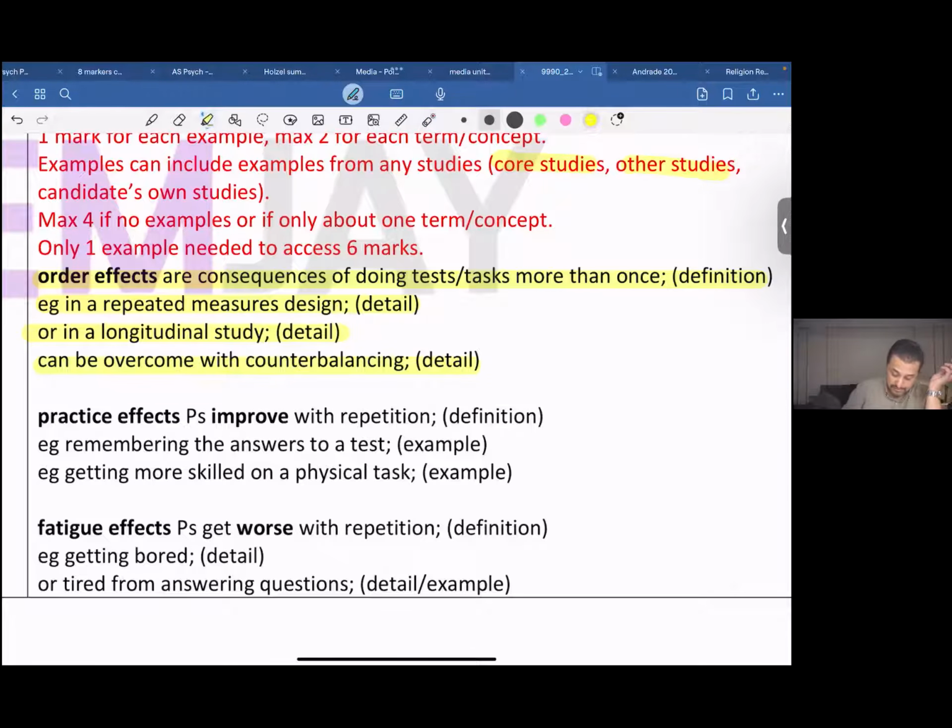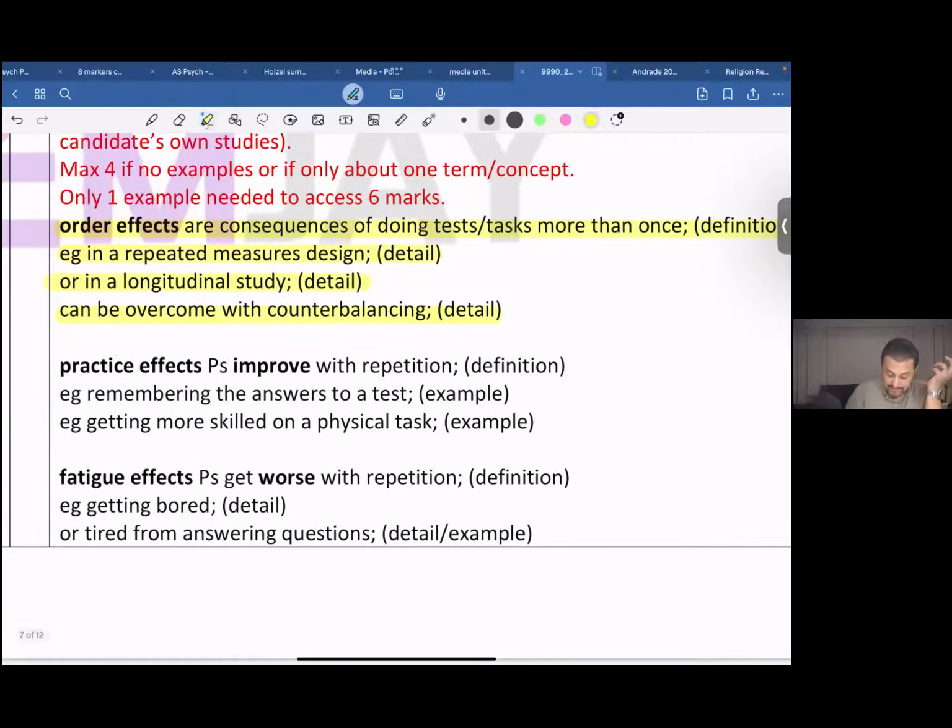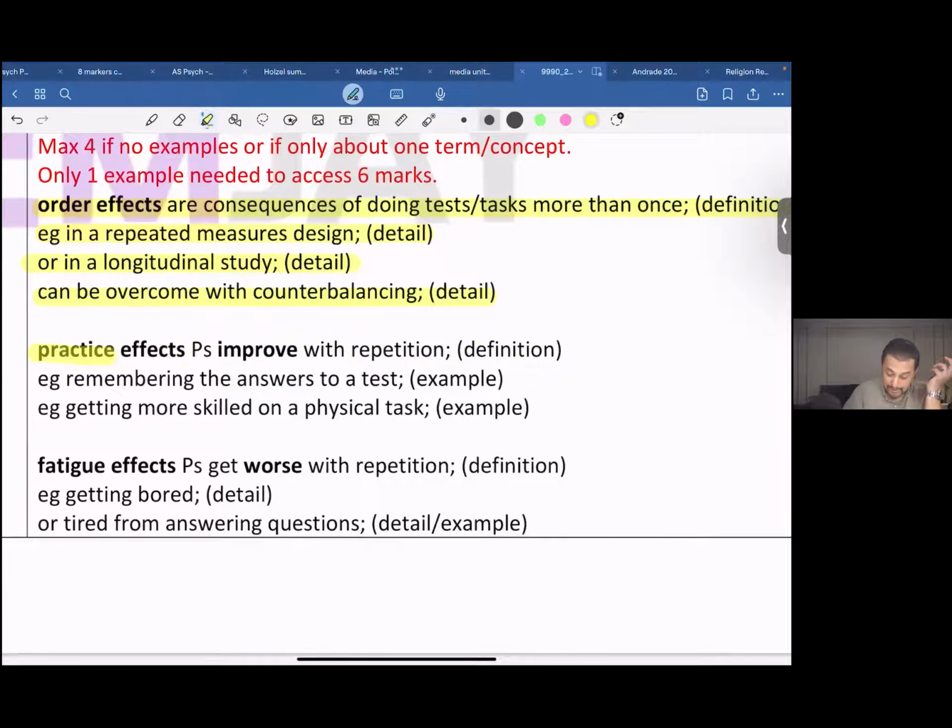Taking it ahead, practice effect. Practice effect, as the name suggests, is where the participants might improve because they're repeating. Remember, as teachers, we keep saying practice, practice doing your papers, or try attempting papers. The idea is that the more you do it, the better you get at it, right? So practice effect is where participants' performance might improve because of repetition.